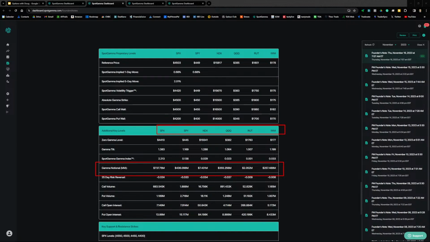So all these numbers are positive, but they are all less positive than yesterday. So for example, gamma notional for SPX yesterday was around 1.06 billion, and today it has moved down to around 738 million.